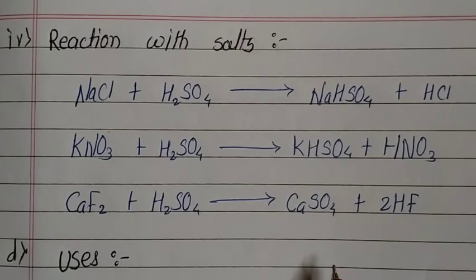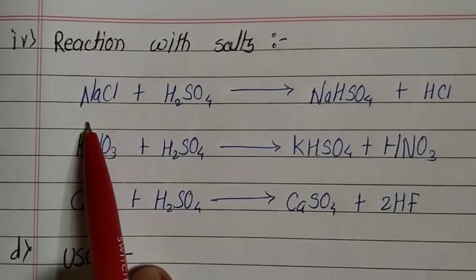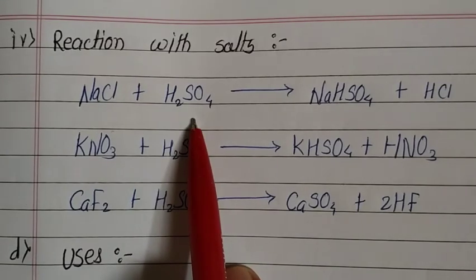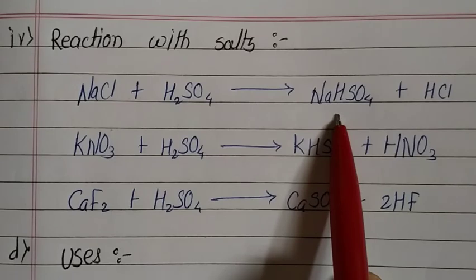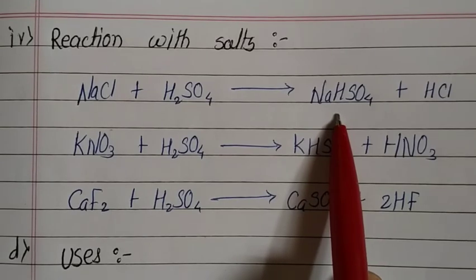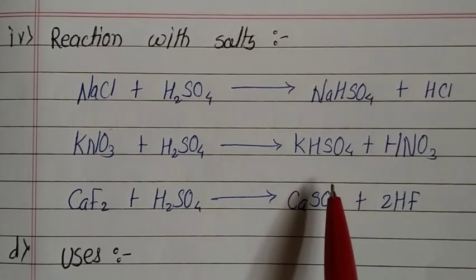Here NaCl, that is sodium chloride, reacts with concentrated sulfuric acid, it gives NaHSO4, sodium hydrogen sulfate, plus HCl.